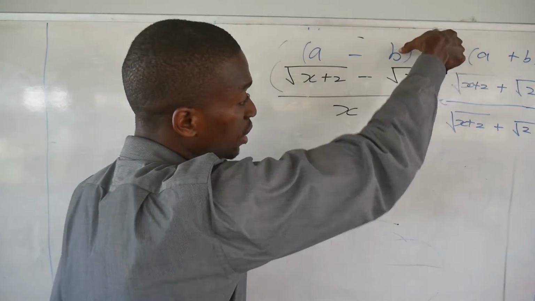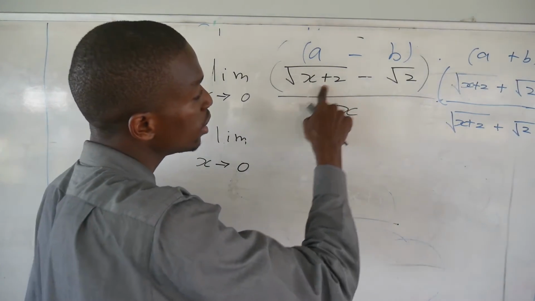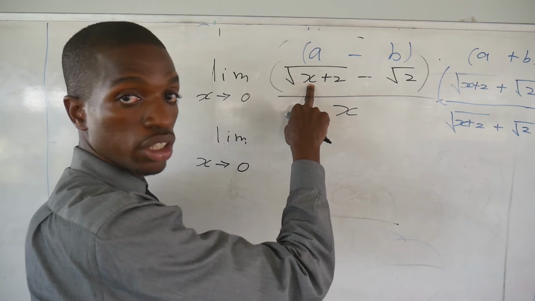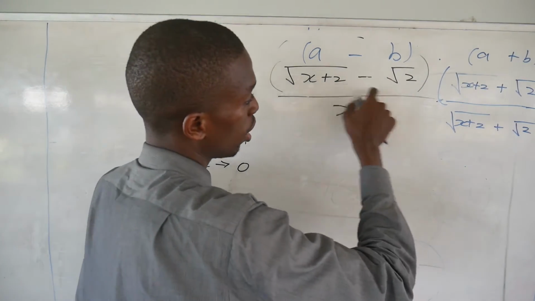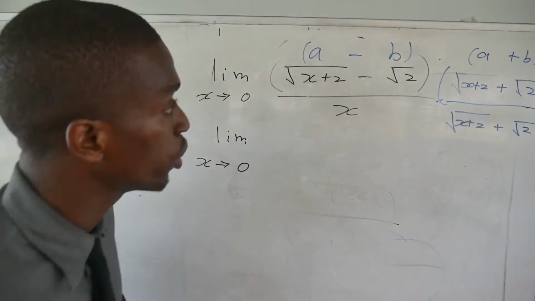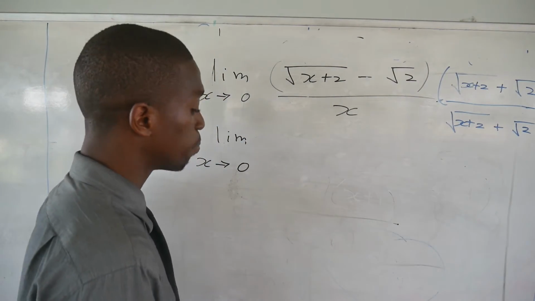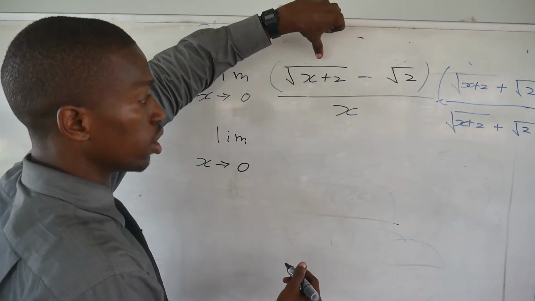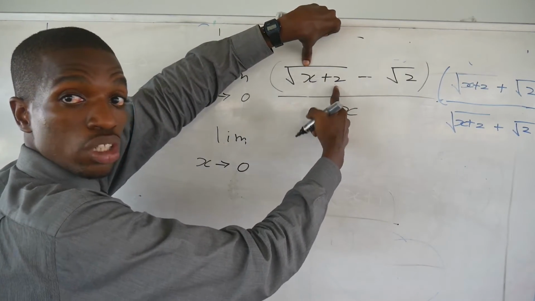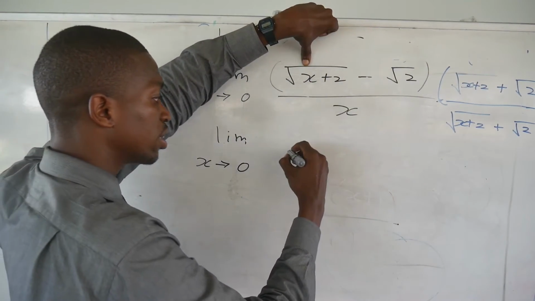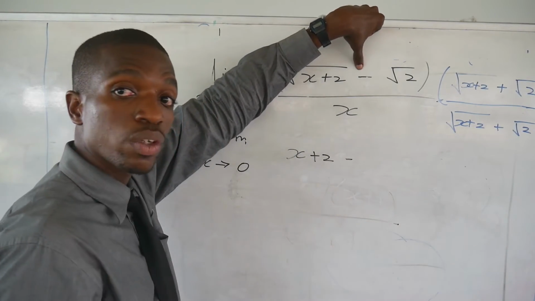So this is equivalent to a squared minus b squared. Since a is the square root of x plus 2, and b is the square root of 2, then if I'm going to write a squared minus b squared, it would be the square root of x plus 2 squared, which is simply x plus 2, minus b squared.